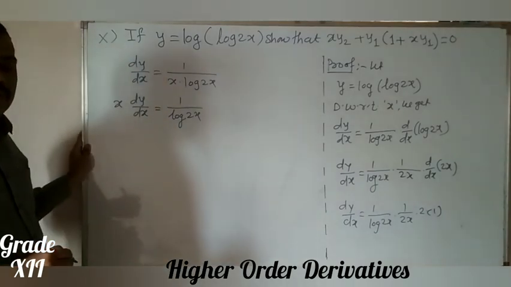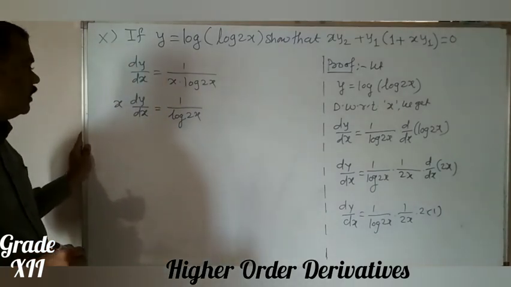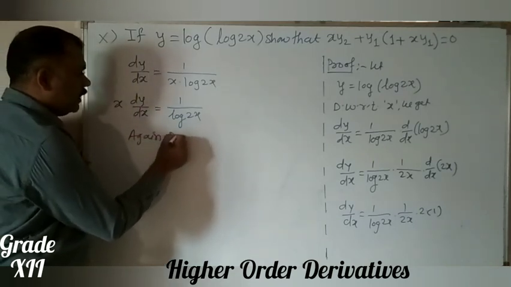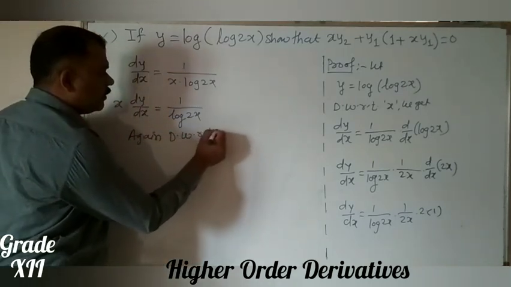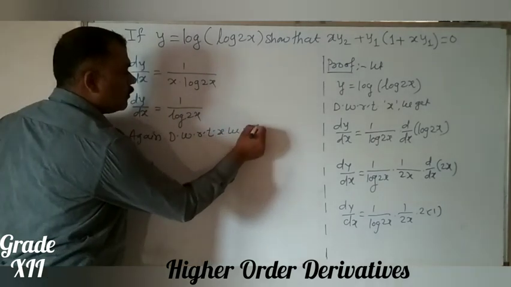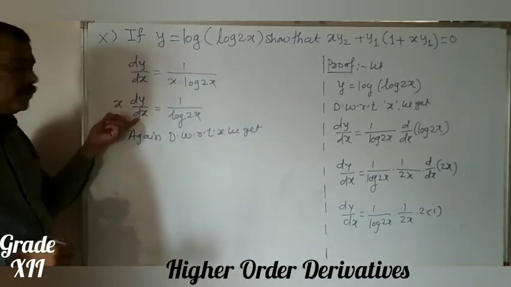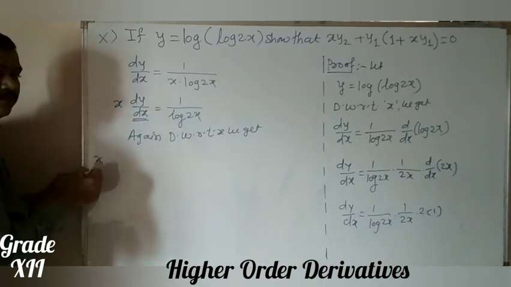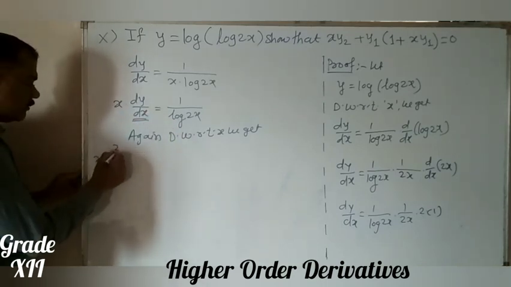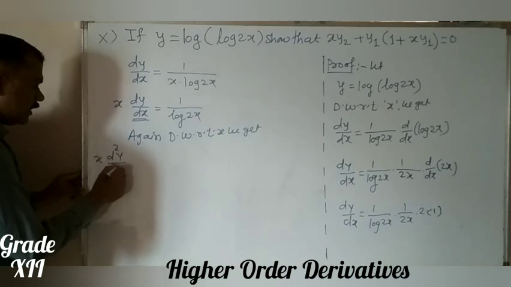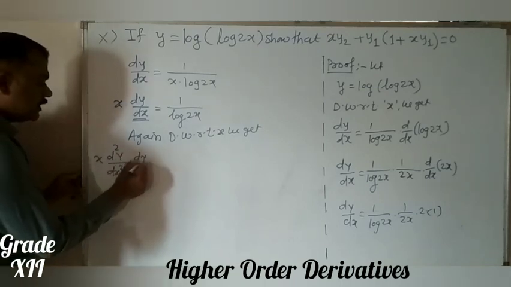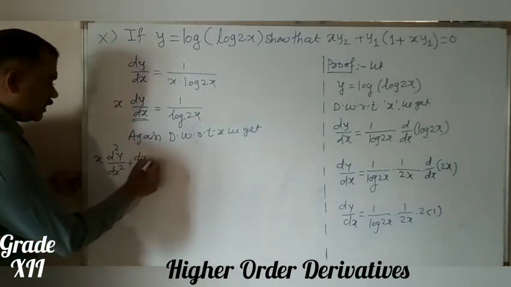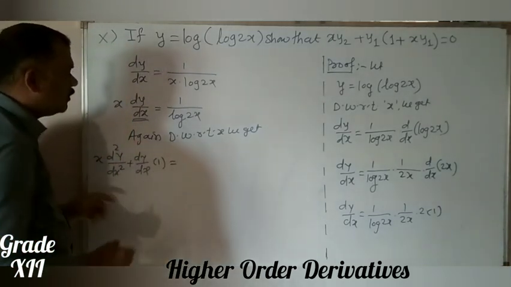Now we have to differentiate with respect to x again. Here we have to use the product rule. First function as it is, derivative of second. Derivative of dy by dx with respect to x is nothing but d2y by dx square, plus second function as it is, derivative of first. Differentiation of x with respect to x is nothing but 1 is equal to.